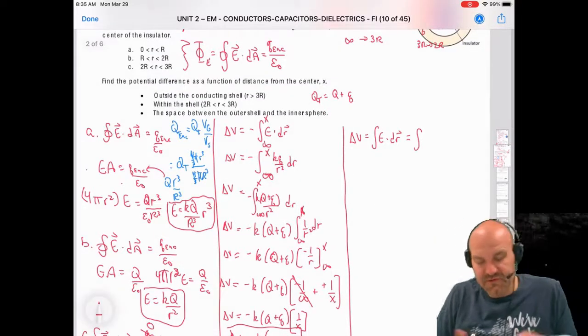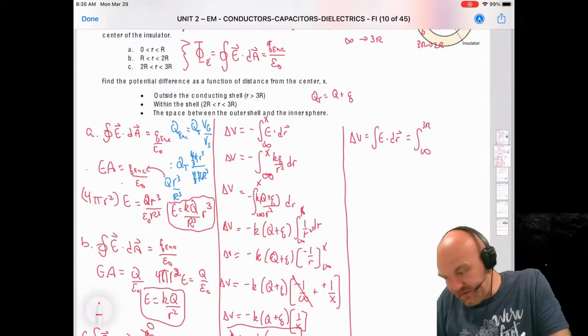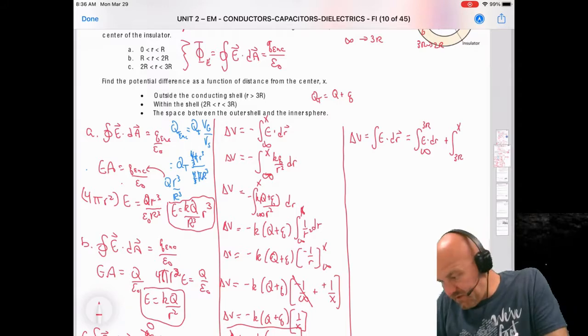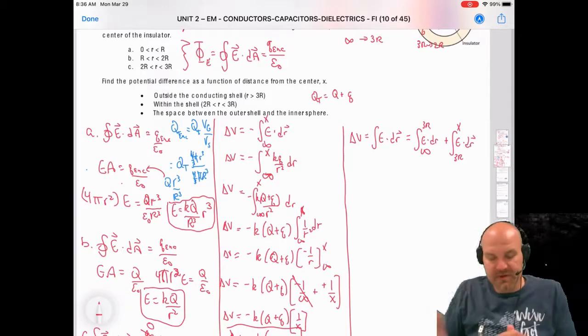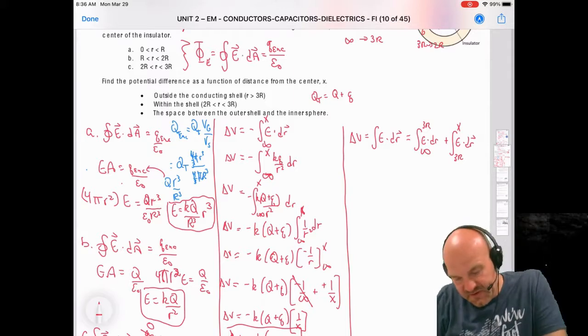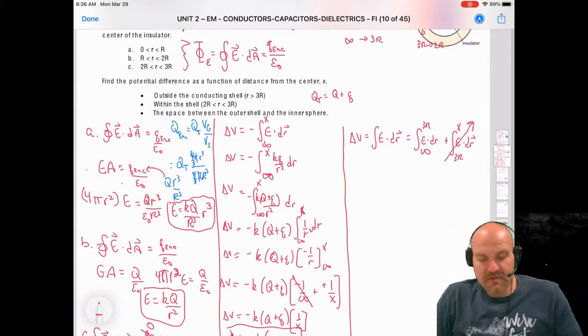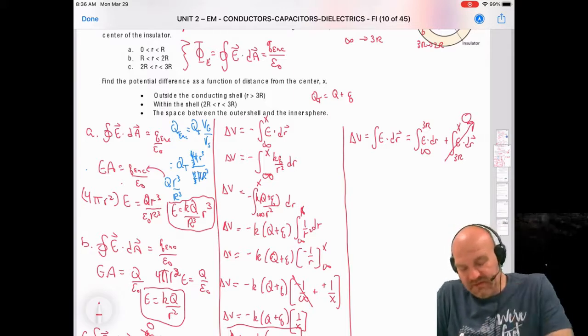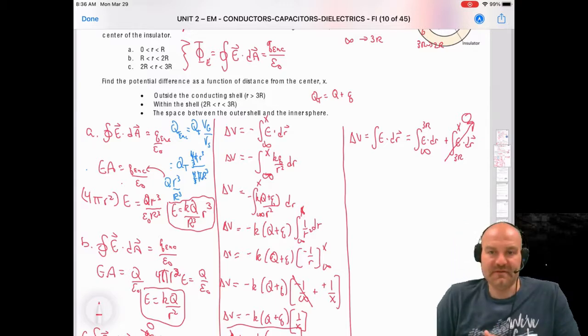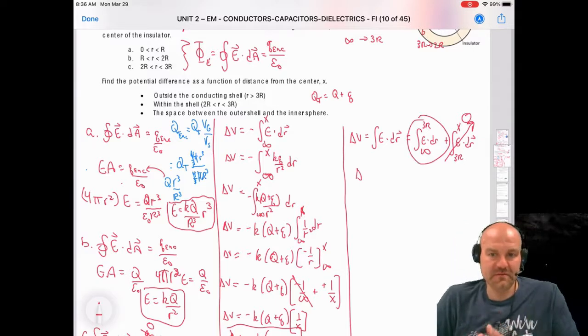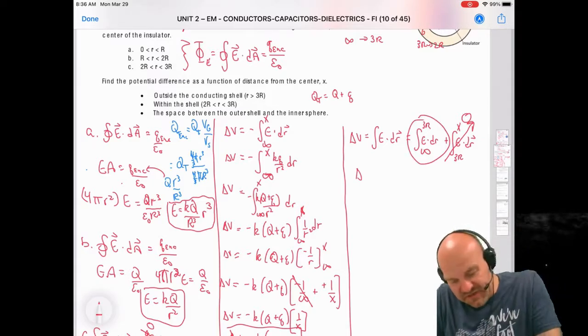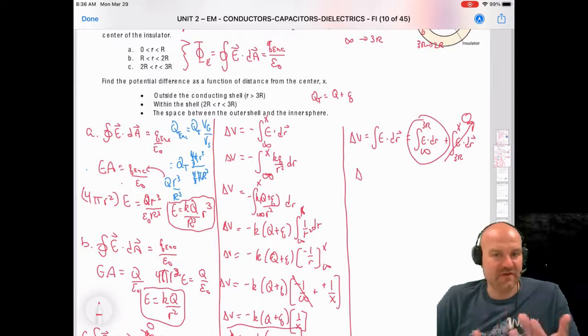And so if we split it up into two integrals, we can say from infinity to 3r of E dot dr plus from 3r to x, sorry, because we're not going all the way to 2r. Well, this is inside the sphere, and so that's just simply 0. And we actually just did this, that's at the surface.